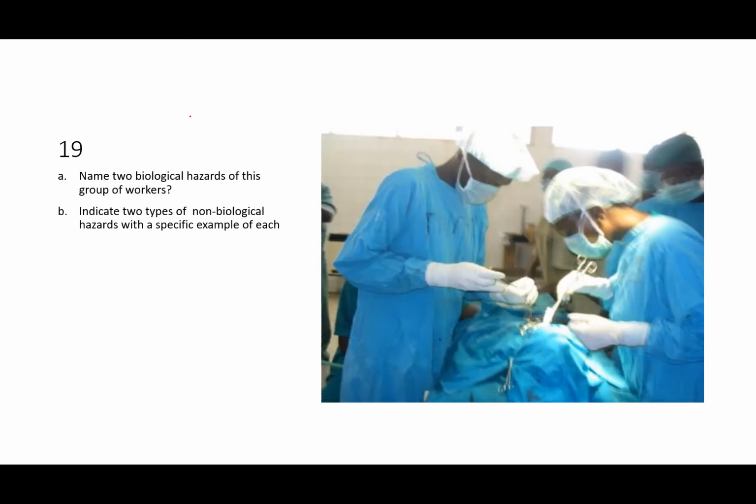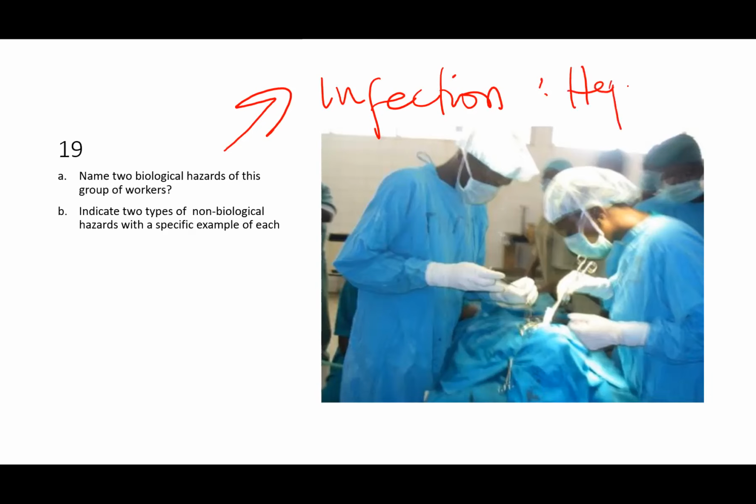Now, indicate 2 types of non-biological hazard with a specific example of each. Now, biological, we said, is from infection. Okay, biological hazard is from infection, from hepatitis, HIV, tuberculosis.